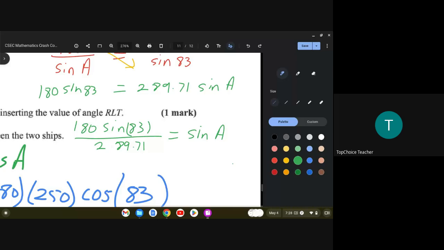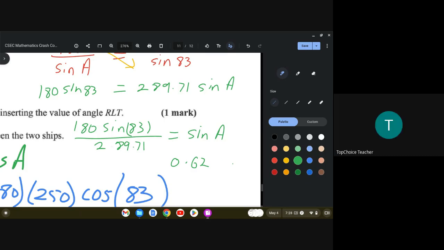If you plug this into your calculator, you should get 0.62 is equal to sine A. Anybody could check it, but you should get 0.62.